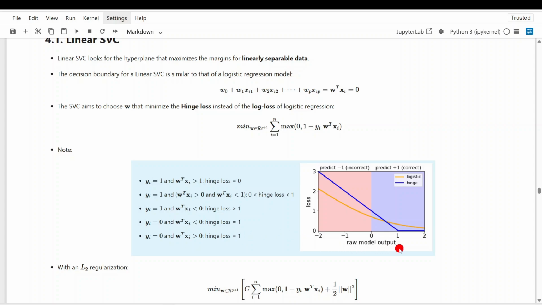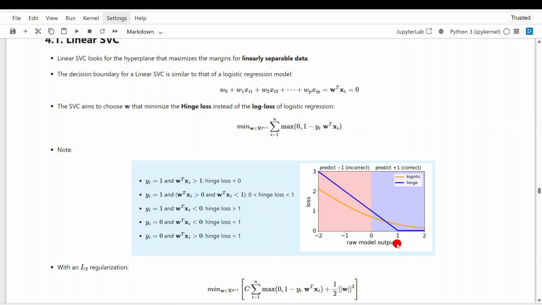Or if we look here in the plots, this raw model output is nothing but W transpose xi, that is the linear predictor. If this function predicts a value greater than 1, then automatically the hinge loss will be 0. Here the hinge loss is represented by the blue line.